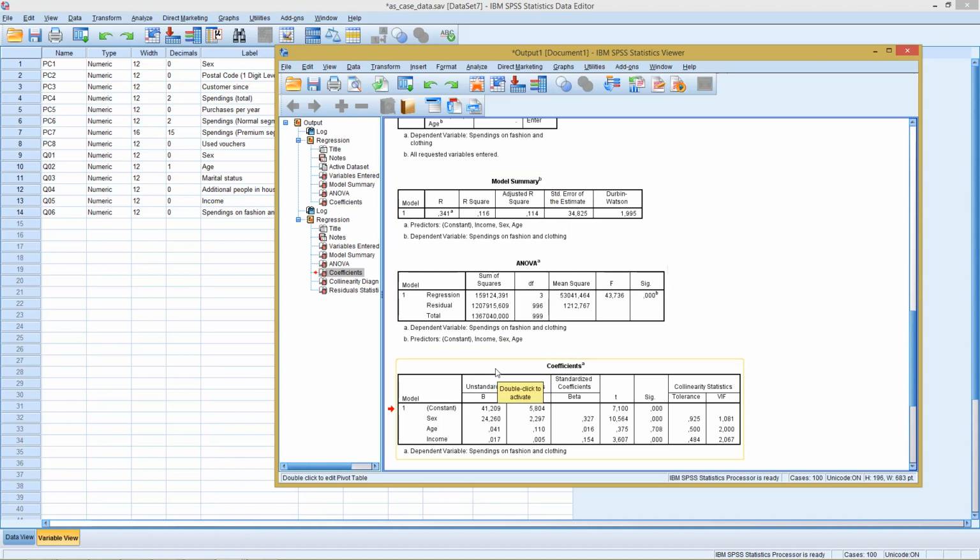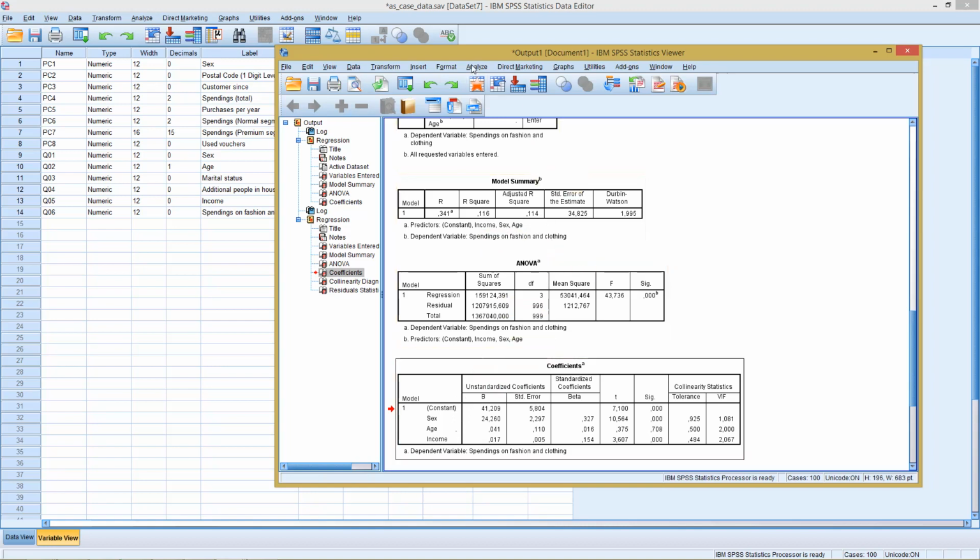Meaning, if ever we add an additional independent variable, R squared can only increase. We can only explain more of our variance. So the adjusted R squared considers whether each new variable actually contributes to explaining the variance of the dependent or not. So this takes care of the number of variables.